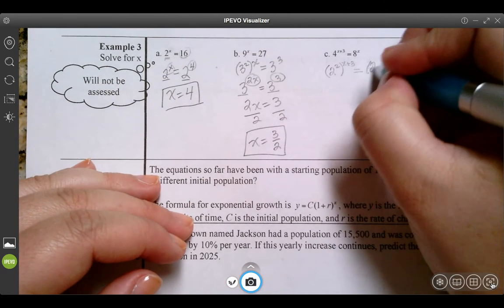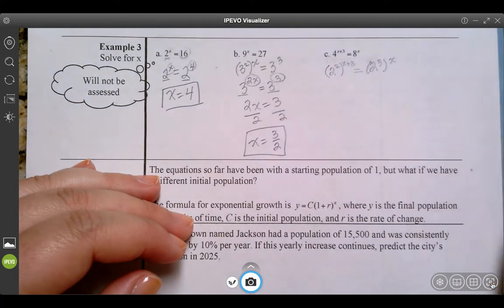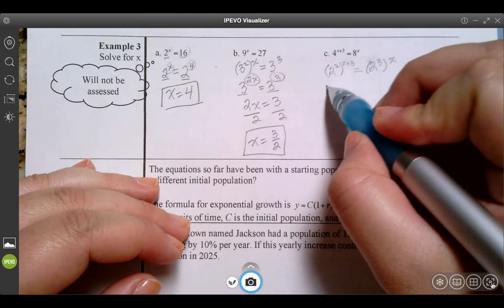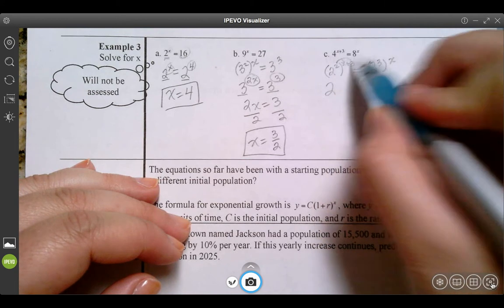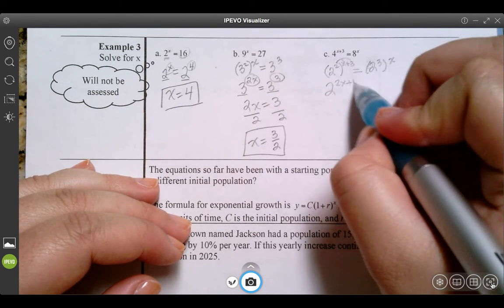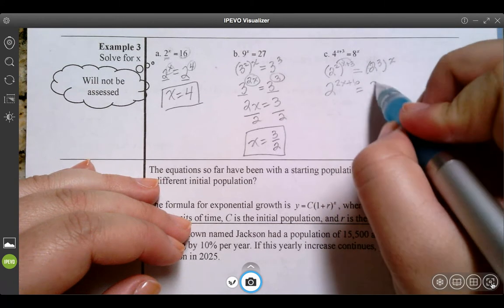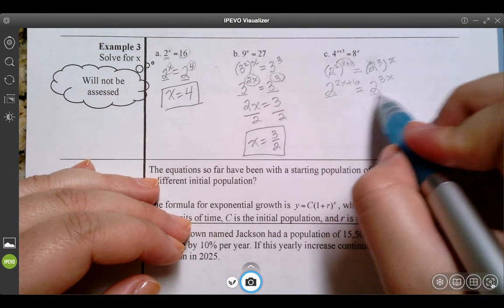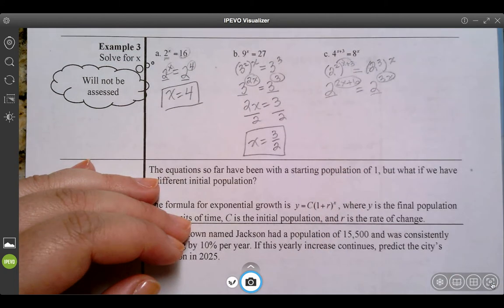So this is 2 cubed to the x. And then using our exponent rules, 2 times 2x, got to distribute that, 2x plus 6 equals 2 to the 3x. The bases are the same, and so the exponents are equal.